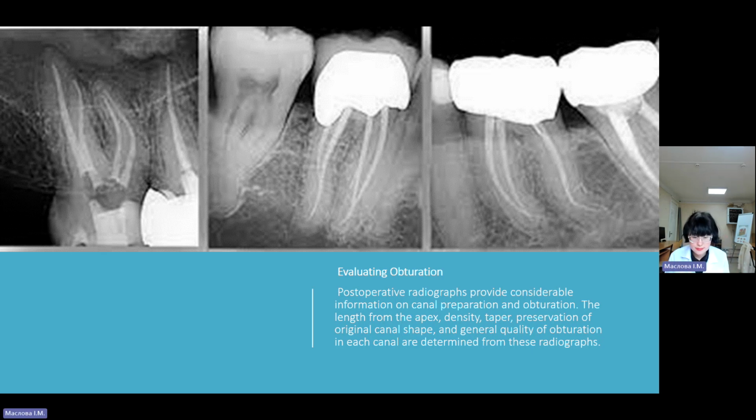Evaluating obturation. Postoperative radiographs provide considerable information on canal preparation and obturation. The length from the coronal part of the root canals to the apex or working length.